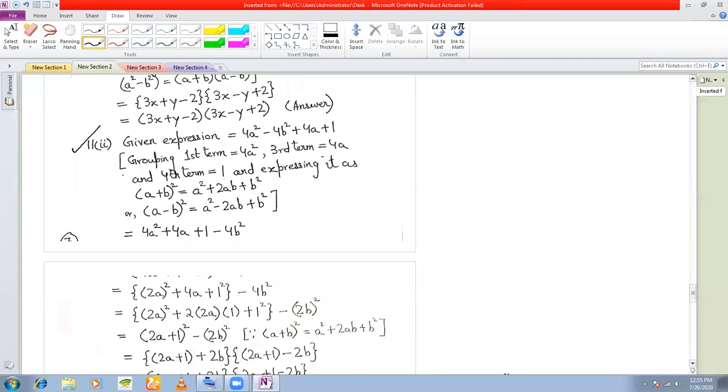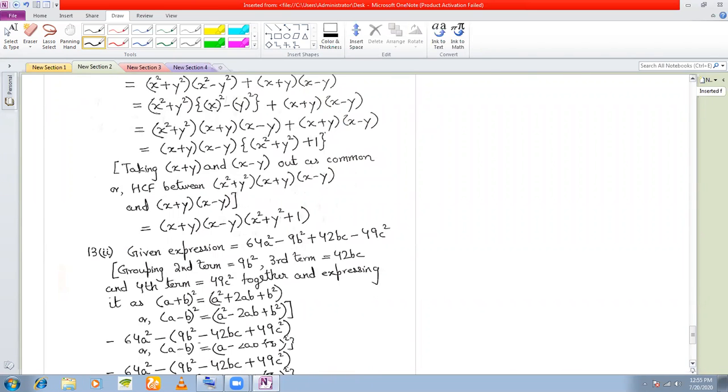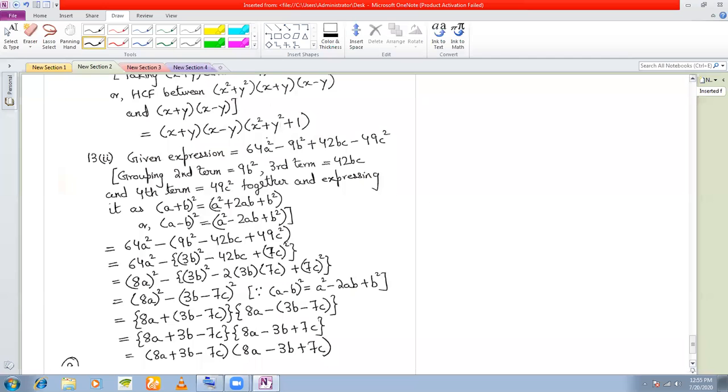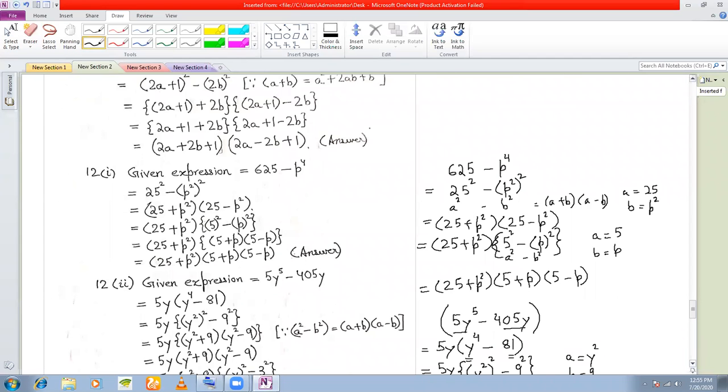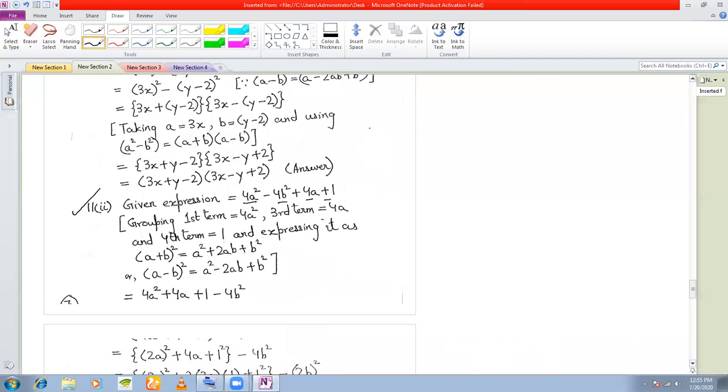See, there are 4 terms in this sum. What you also see in this sum is that there were 3 squares, right? 3 perfect squares. You had this as a perfect square, and you had this as a perfect square, and you had this as a perfect square, right?